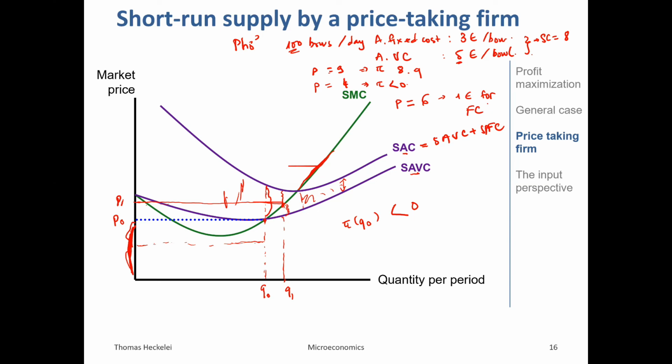So for that reason, as long as the market price is still above the short-run average variable cost, the firm will still sell something.